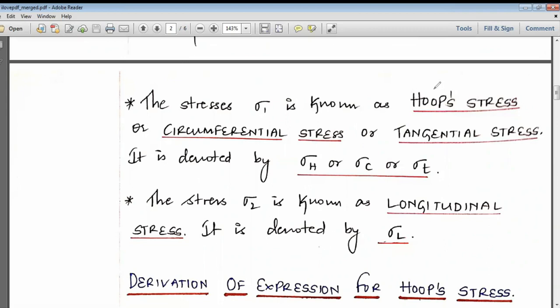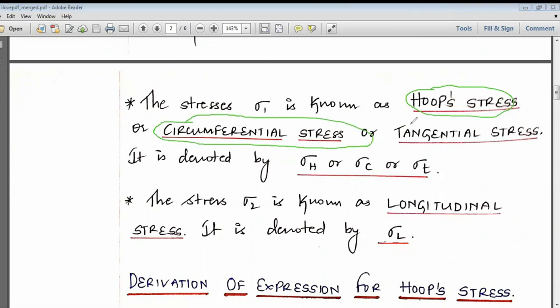These are important. Hoop stress, the second name for it is circumferential stress, and the third name for the same stress is tangential stress. Hoop stress is denoted by sigma h, circumferential stress by sigma c, and tangential stress is denoted by sigma with subscript t. There are three different names given to the same stress.